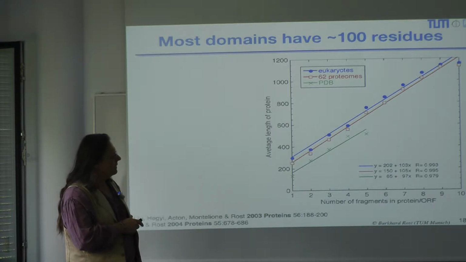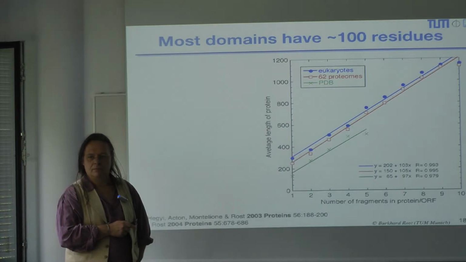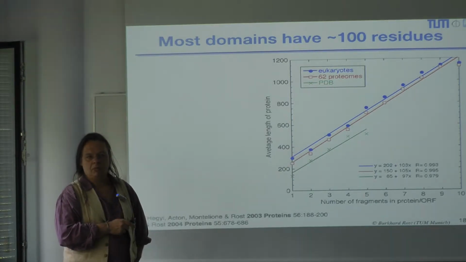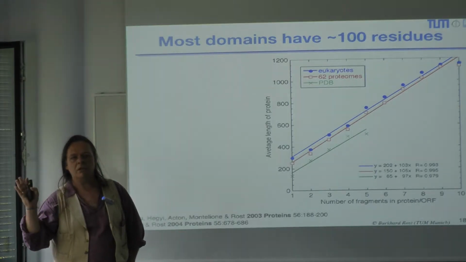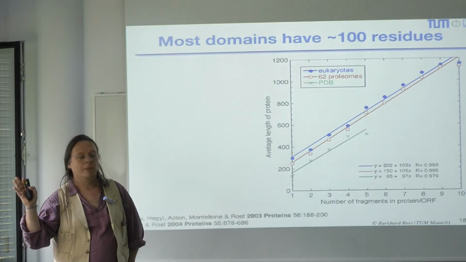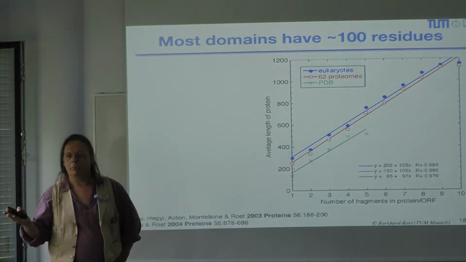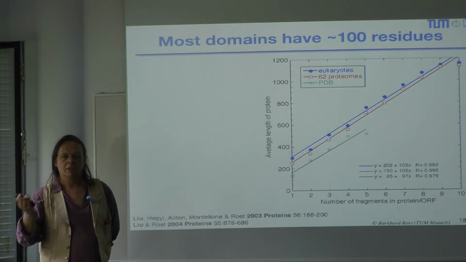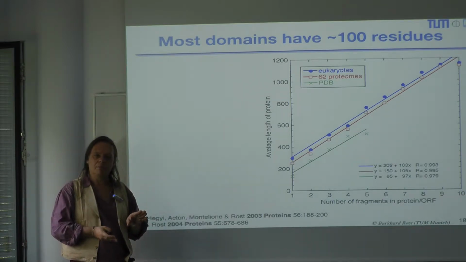So let's begin with a couple of observations. The first observation, they're linear. That, you may say, is expected, but does not need to be the case, right? The second observation is that they in fact have a similar slope, all three of them. No matter what the bias with respect to single or not single domains in PDB may be.